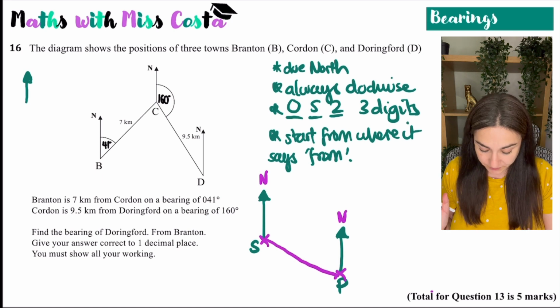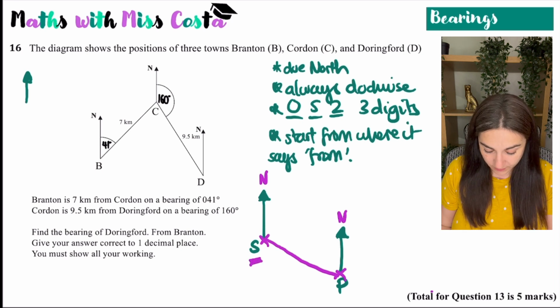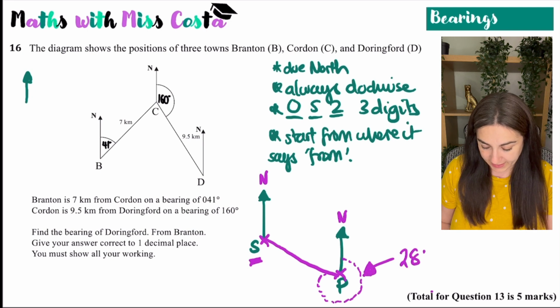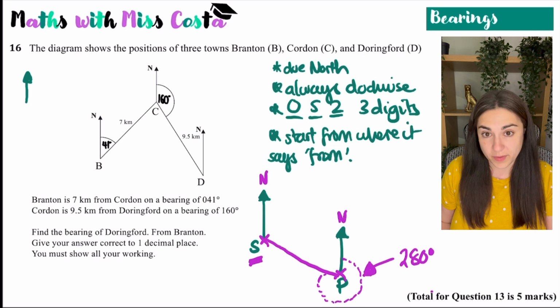Now, if I wanted to work out the bearing of the ship from the port, what I do is I start from due north, I go clockwise until the line, and this would be the bearing. So let's just say that's, I don't know, 280 degrees. So the bearing of the ship from the port would be 280.